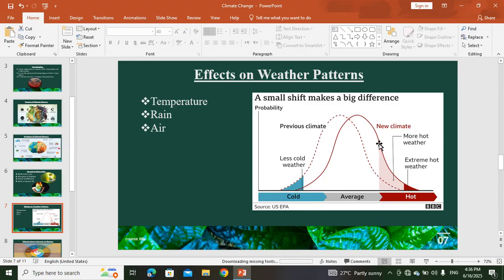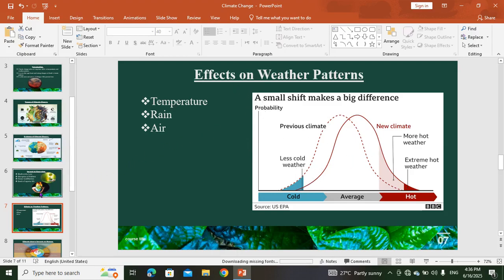In the previous climate, the temperature, rain and air quality are normal. But in the new climate, more hot weather, extreme hot weather occurs. These are also happening due to climate change.